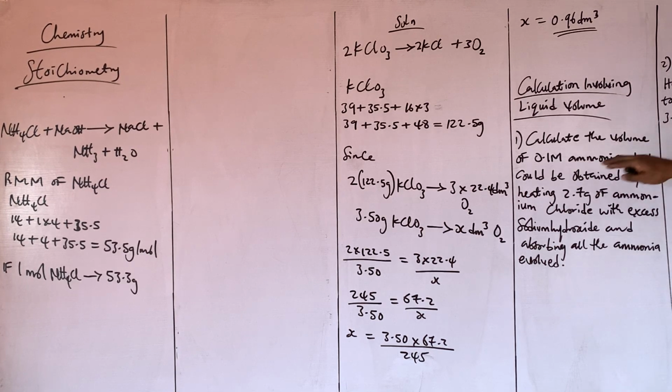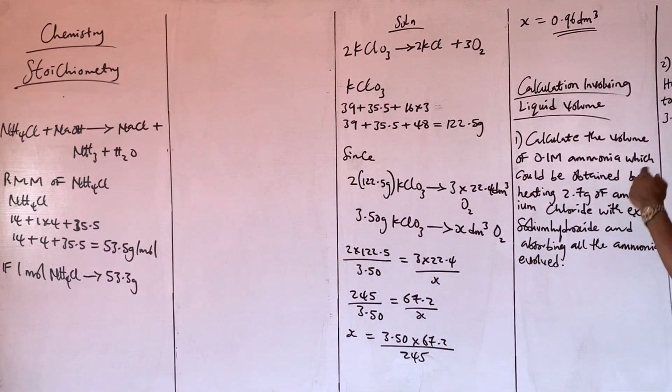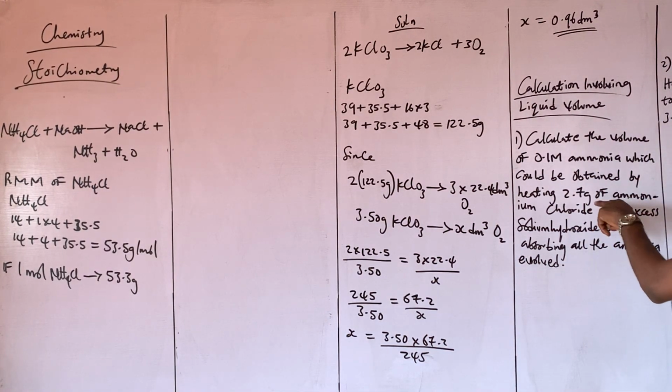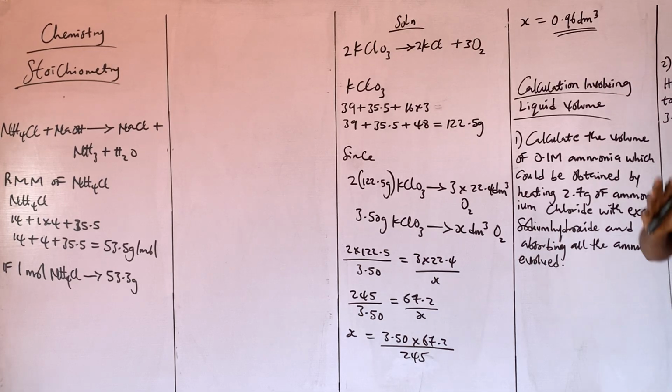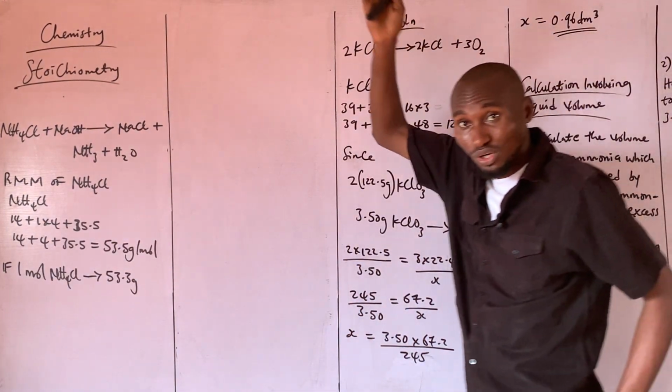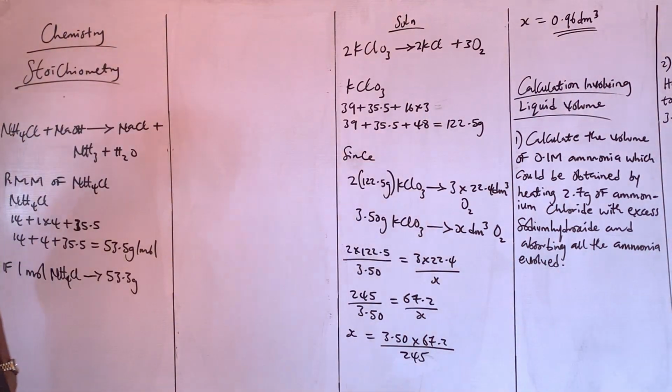So they say we should calculate the volume of this ammonia, that is the product, which could be obtained by heating 2.7 gram of the reactant with excess sodium hydroxide and absorbing all the ammonia involved, the one that it gave off. Do you understand now? Good.